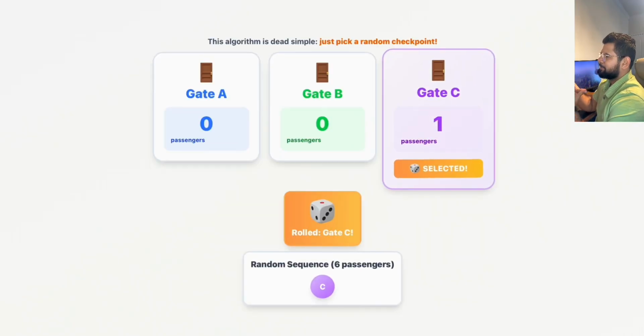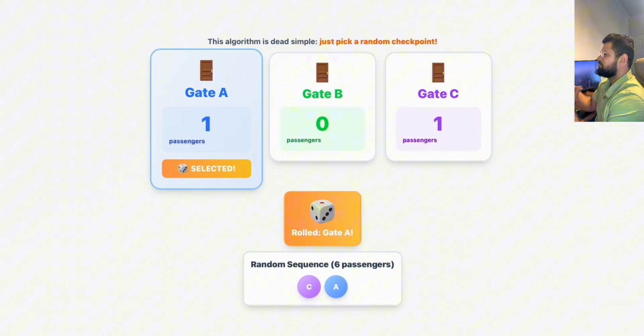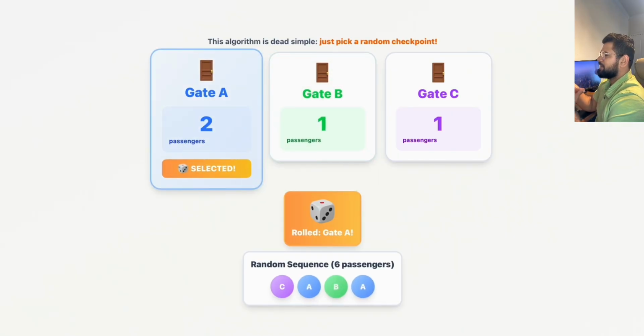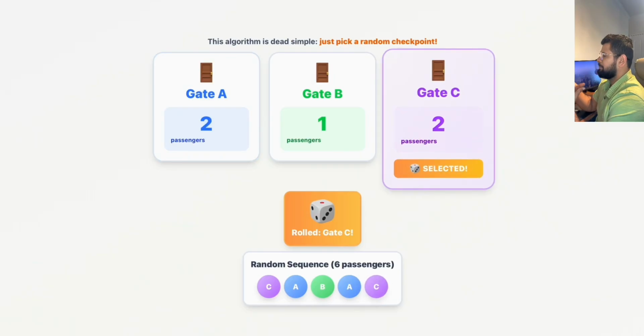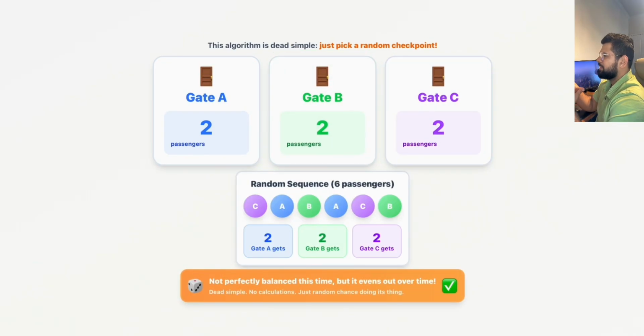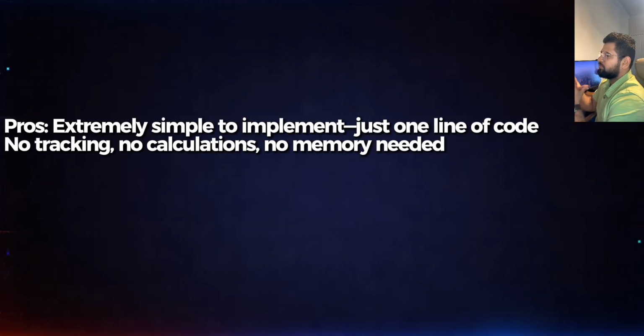Let the dice decide. Passenger 1 goes to random selection, maybe gets C. Passenger 2 does the random selection, maybe gets A. And passenger 3, random selection, maybe gets C or again gets B. Completely unpredictable. To be honest, this algorithm is extremely simple to implement, just one line of code.